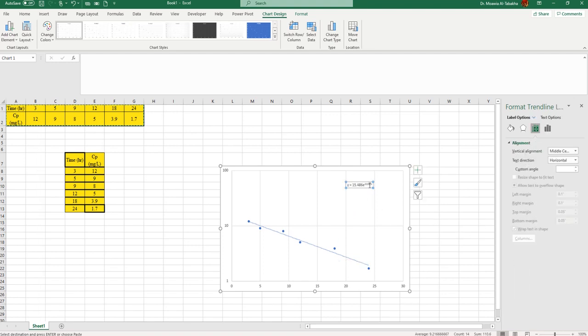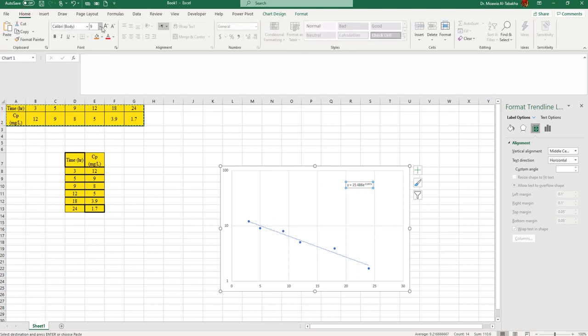Now this is the equation, and this is how your line should look like with data points. Let me just, for clarity, increase the equation. What you will see, this is your slope.